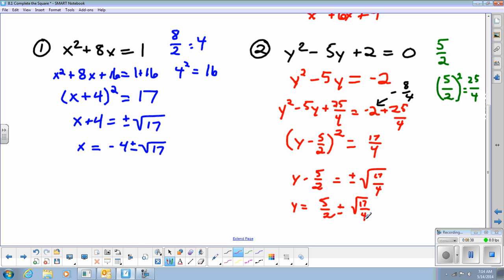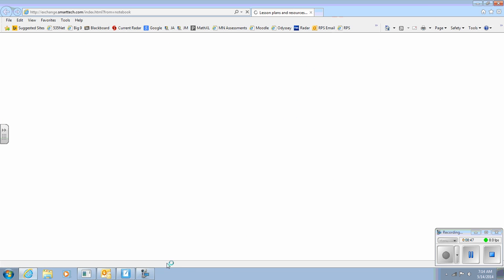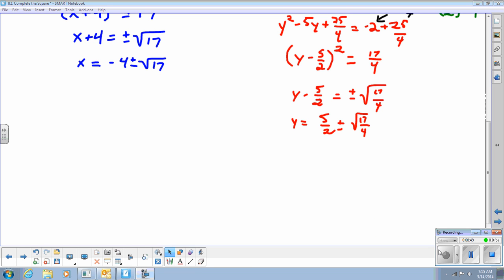Lastly, I'm going to use two more steps. I am going to use my quotient rule over here with the square root of 17 fourths. That's like the square root of 17 over the square root of 4.